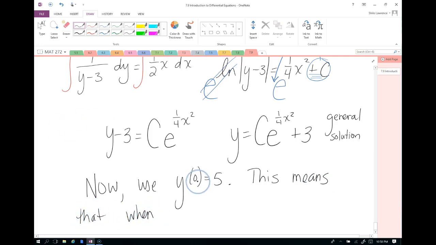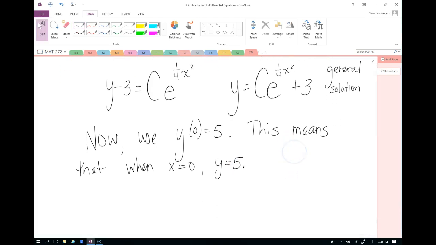Remember, x is the independent variable, and we always have the independent variable in the parentheses there. So we can plug those values into our general solution. So I'm going to replace y with 5.